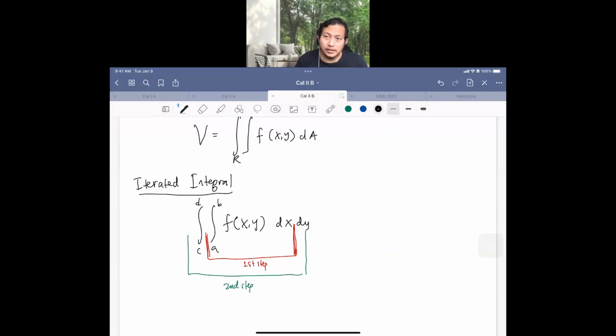That's how the iteration will be. So the integral is supposed to be like slicing an onion, but we are starting from the inside rather than from the outside. So we start from inside and then go outside. Okay, that is the default. Later on, we will have some theorem on how we can solve it further.